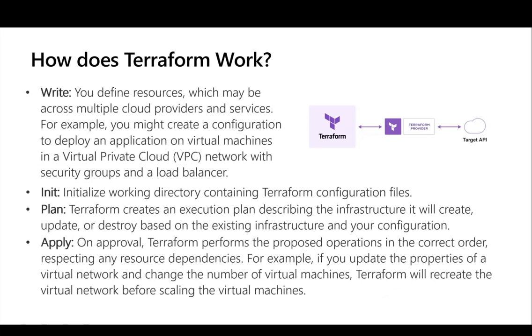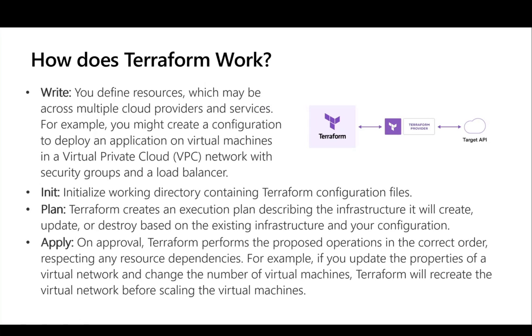And at a high level, it has four phases. First, obviously, you have to write the code to provision different resources. And then you initialize the working directory in which you have all the Terraform configuration files to provision or manage cloud resources.